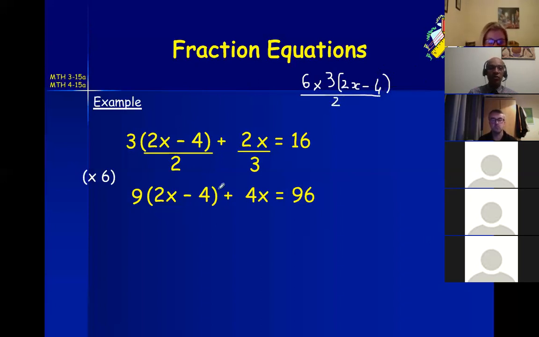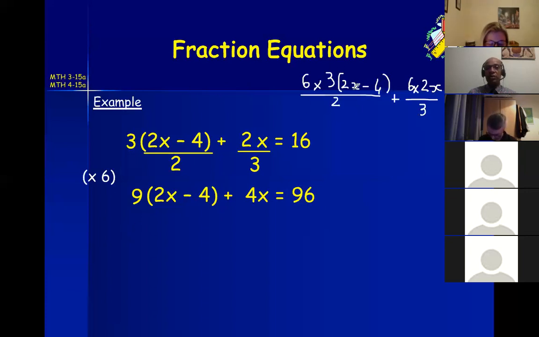Remember, we're trying to get rid of those fractions, because now that we've got this, it becomes much easier. And on the other side, we said 6 times 2x divided by 3. And try and get into the habit of, when you write an x, you write it with a curly x, and when you write a multiply, it's just a cross. 12 divided by 3 is 4. 18 divided by 2 is 9.